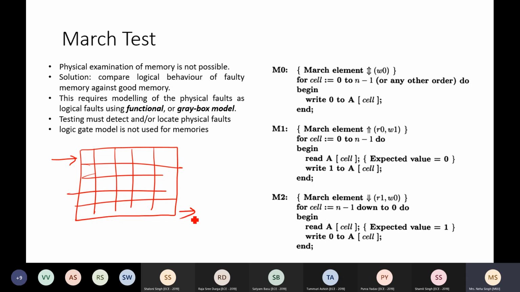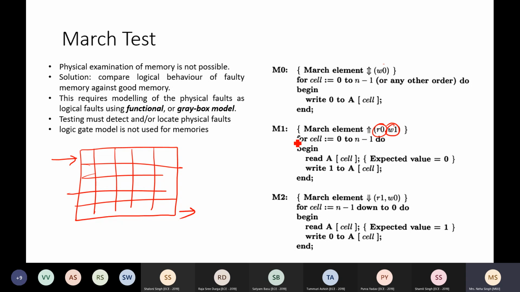Now I will move upwards, backwards and march again, and I will try to read 0. 0 read हो गया. Then I'll try to write 1. So what I am doing here is, in the first step, I have tested for write 0, whether my memory is able to take 0 or not.